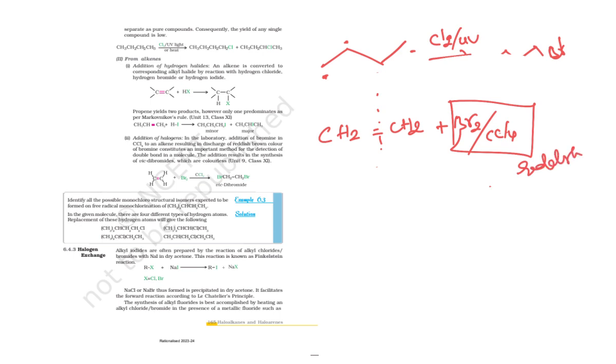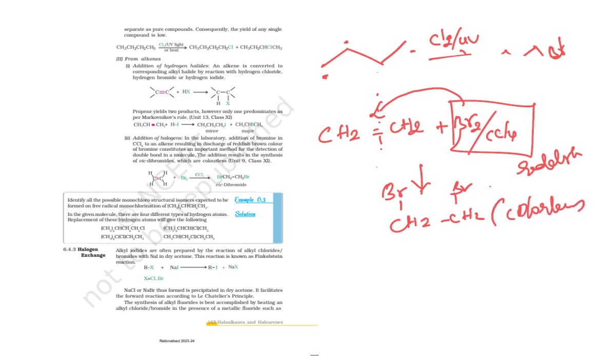When this Br reacts with the symmetrical alkene, the color vanishes. So this is your colorless product, but in the case of this one, it is reddish brown color, right?